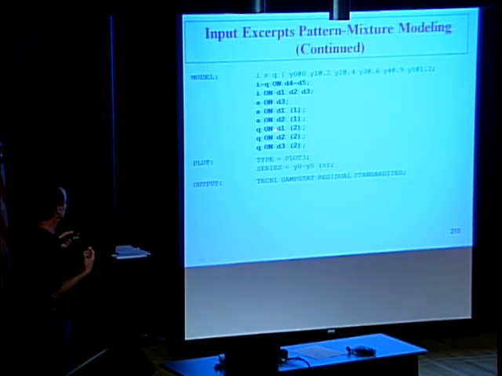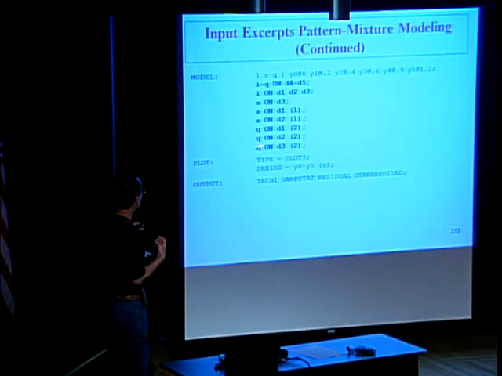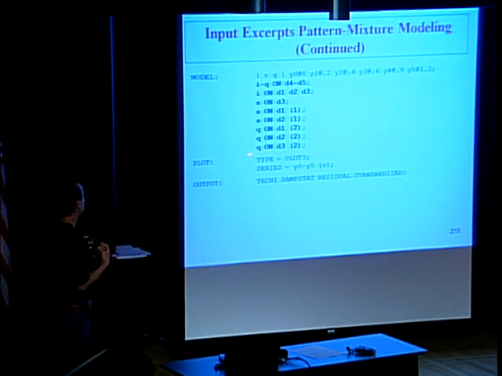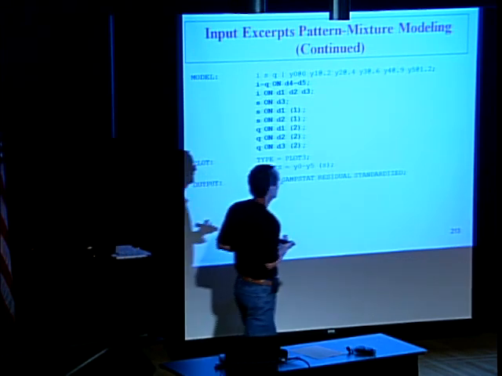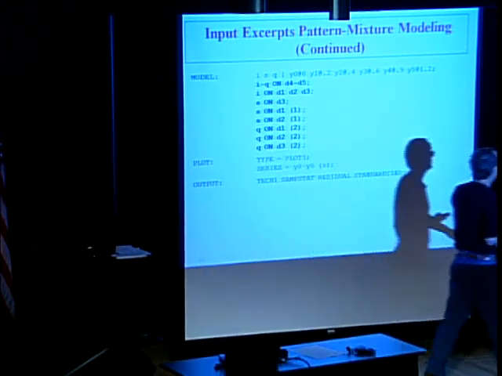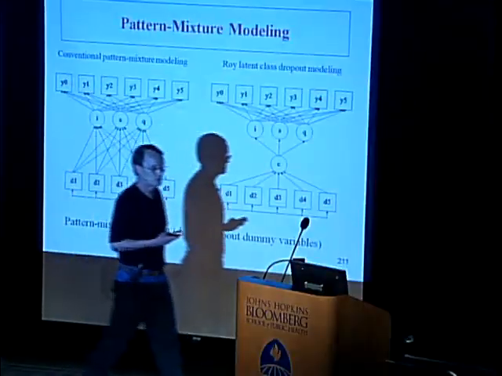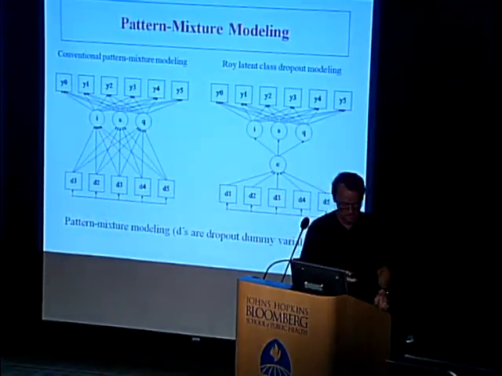Q has to be held equal across the first 3 dropout patterns to draw on the information here, those who drop out after D3, which is after having 3 time points. So you have to have these equality restrictions on the model. But other than that, it's a standard pattern mixture approach that you do in Mplus quite easily.